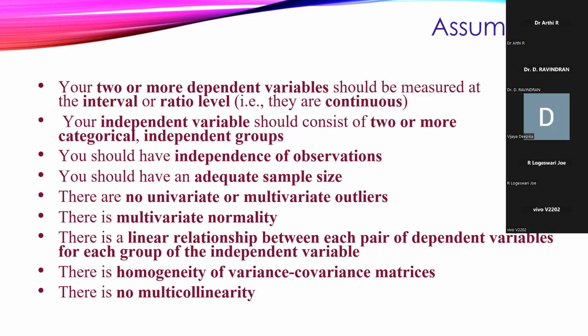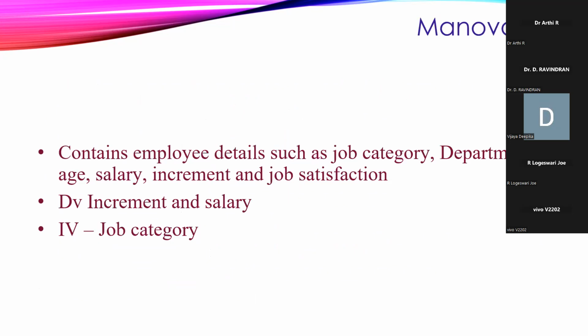There should be homogeneity of variance-covariance matrices, and there should be no multicollinearity, so they should not be correlated with each other. So those are the different assumptions for MANOVA.